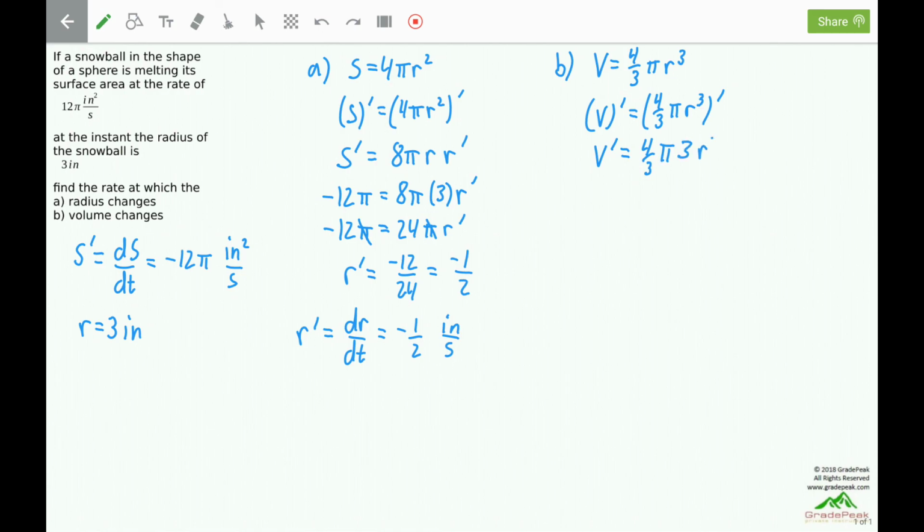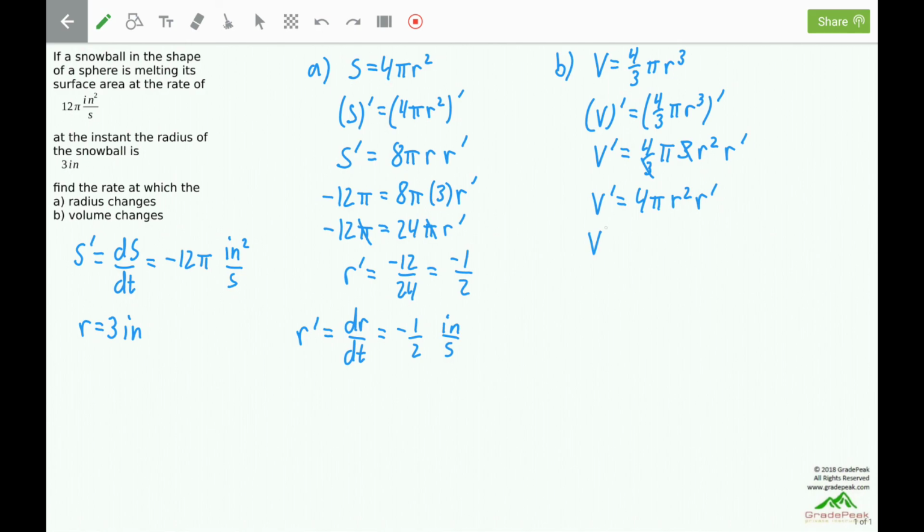Bring the power down, subtract 1 from it, and then multiply by the derivative of the inside. Remember, every variable is implicit with time, and we'll have a prime in the derivative. The 4/3 and the 3 can multiply, and the 3's will cancel. So V prime is equal to 4 pi r squared r prime.